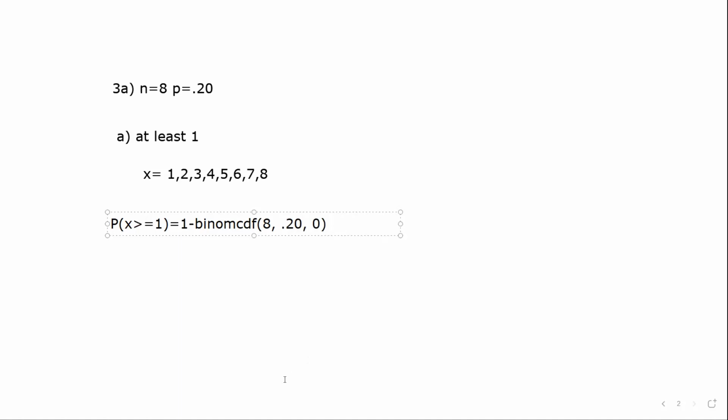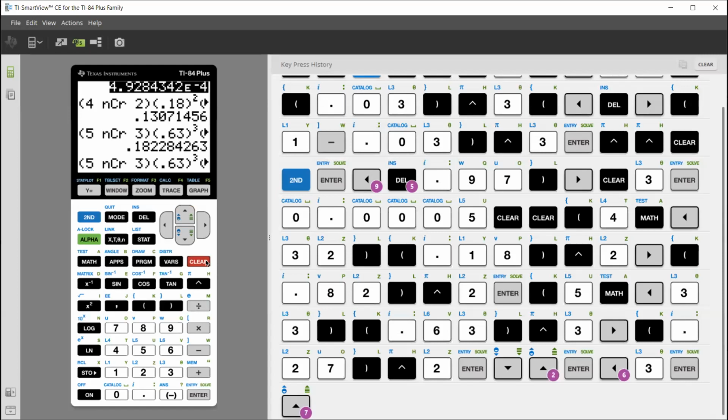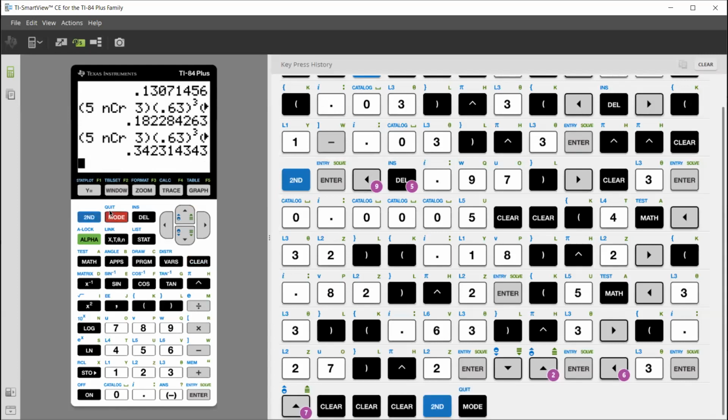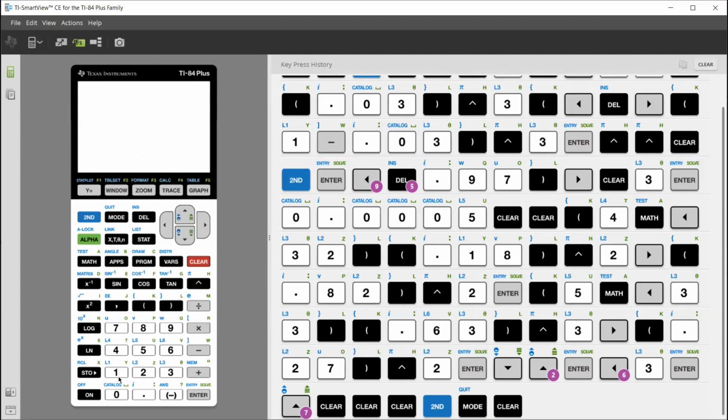Share screen. Here I am. I'm going to move this out of the way. So we're going to go to the calculator. Clear this out. Okay. Second, clear. Okay. So we have 1 minus the binom CDF, which is on the distribution menu.